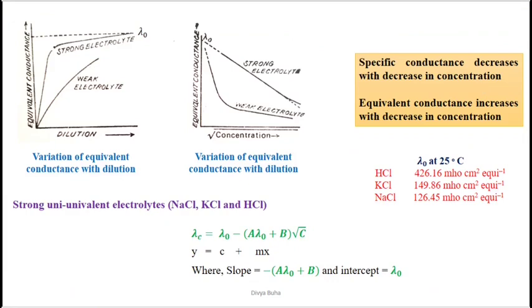Because in dilute solutions, when the concentration is lesser, the concentration of ions per unit volume is lesser, and the ions which carry the current are lesser per unit volume. That is the reason specific conductance decreases with the decrease in concentration. Whereas the equivalent conductance increases with the decrease in concentration. So why is this so?